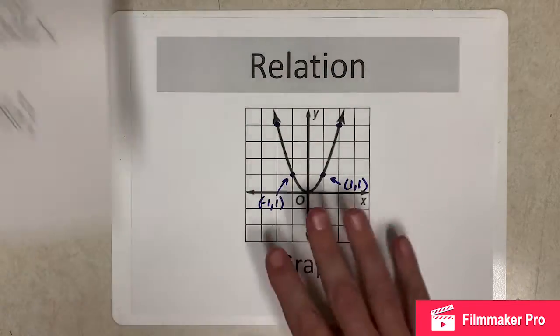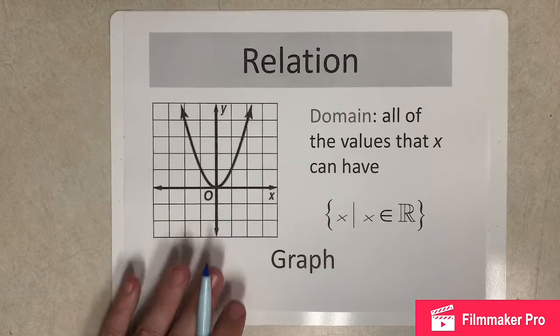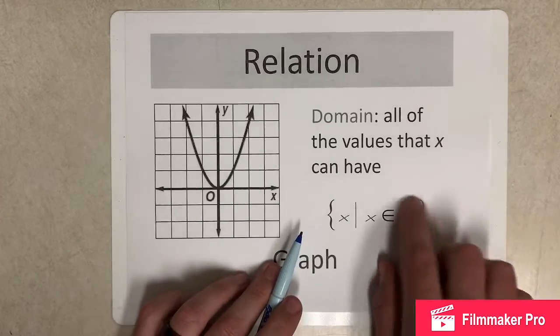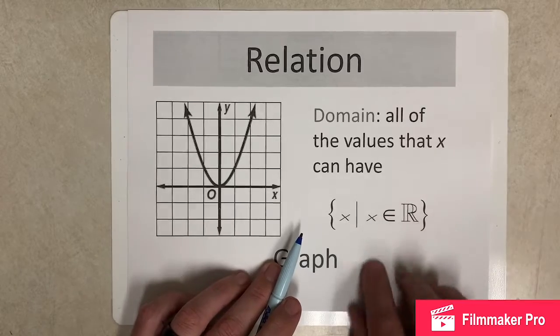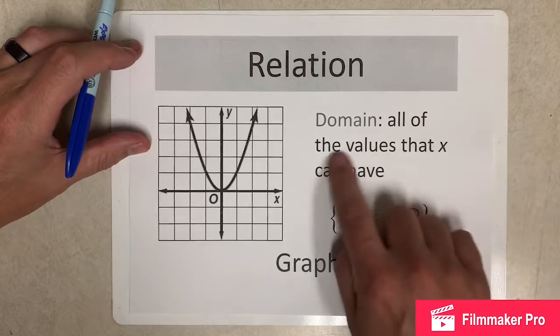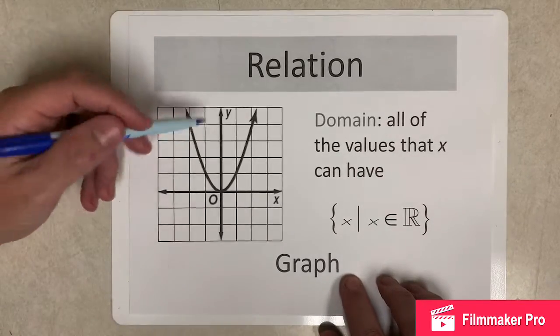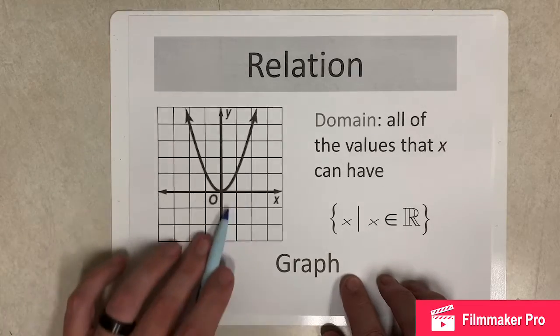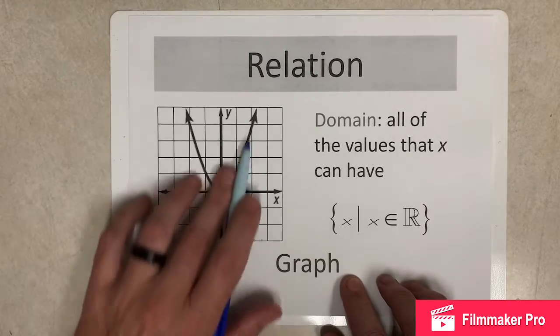Now we also have the domain and the range for these things. So the domain for this graph, and the copier kind of messes up my variables here sometimes, so we'll have to deal with that. So the domain is all the values that x can have. So for this graph, if I look at my x values for this whole thing, every single x value has a y value with it.